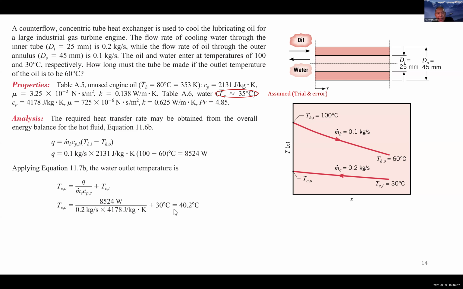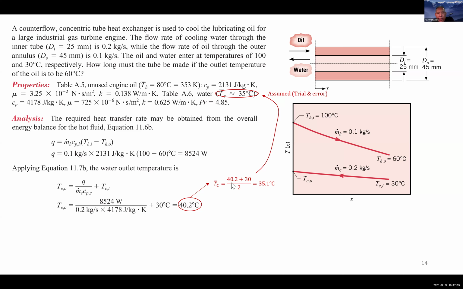So this is the exit temperature, and you have the inlet temperature specified as 30 degrees Celsius. But before doing this, you already assumed that T bar for the cold fluid, the average temperature, should be 35 degrees Celsius. So you just check it again.